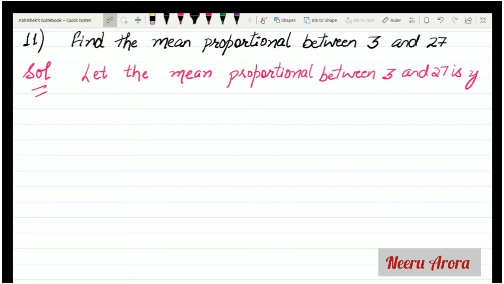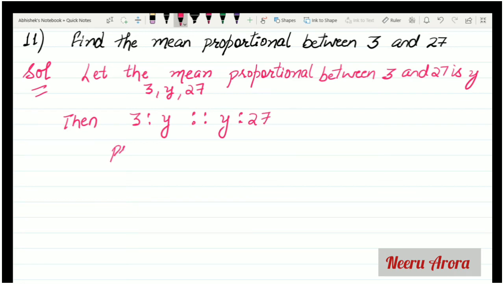We supposed y. Mean means middle term. So now these three terms are in proportion: 3, y and 27. Then 3 ratio y is proportional to y ratio 27.